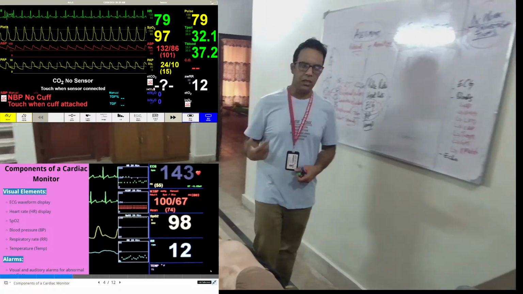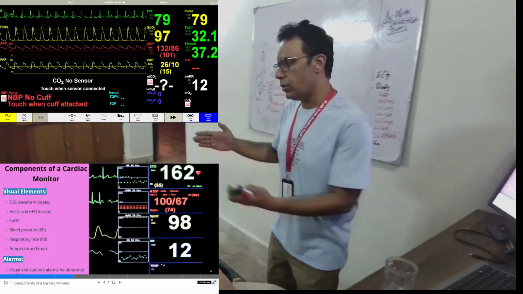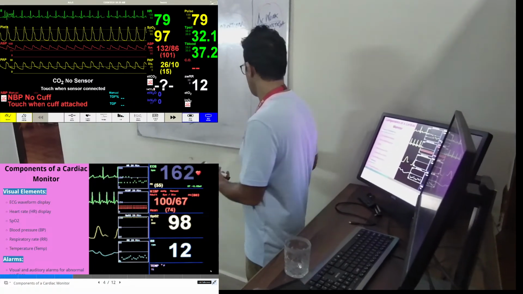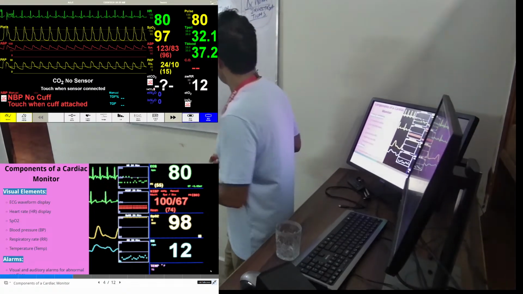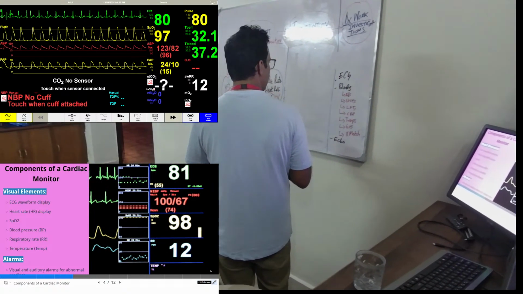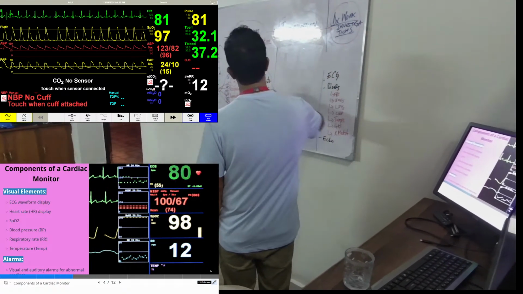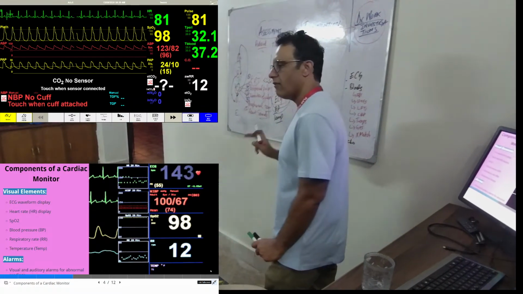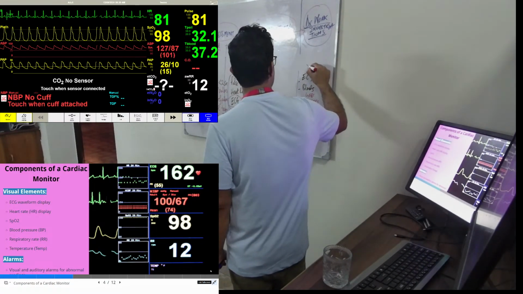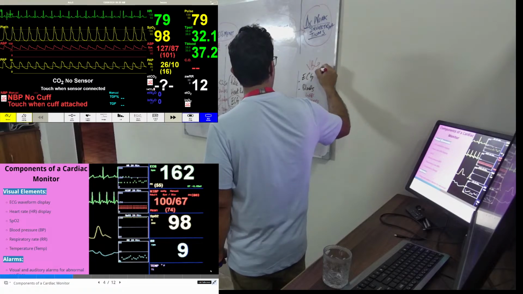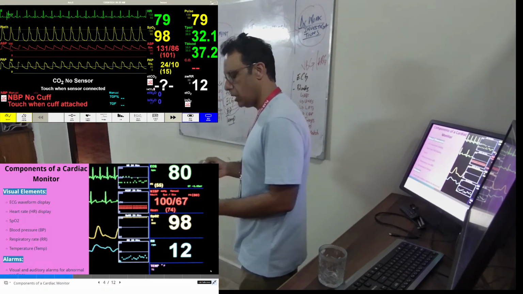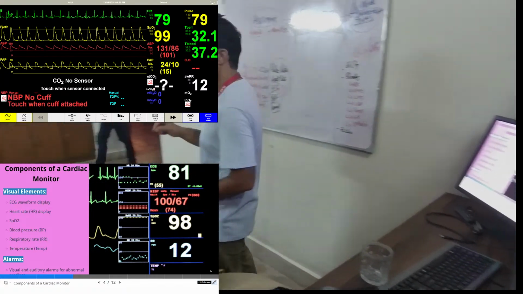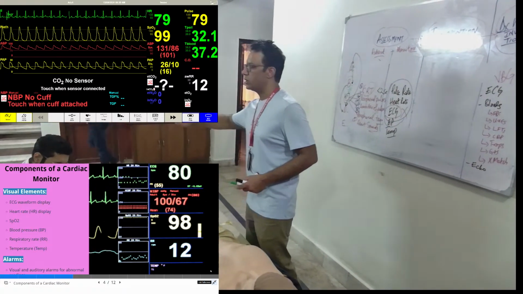CT, yes, CT, if you are suspecting anything, so we create a list, okay, but you do not wait for that. What we need to do is make sure the minimum investigation up until now you have done is VBG or ABG. That's the minimum investigation that you must have done to complete your assessment.